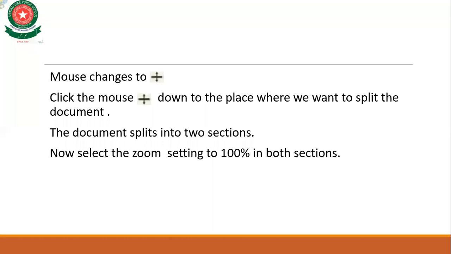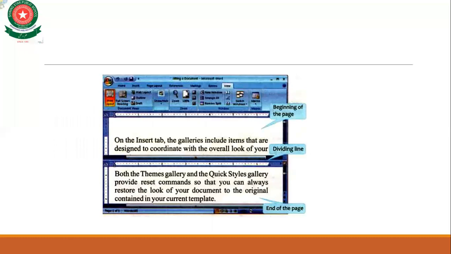If you cannot see the words correctly, then you have to set the zoom setting to 100% in both sections. Here you can see a picture of the split function.